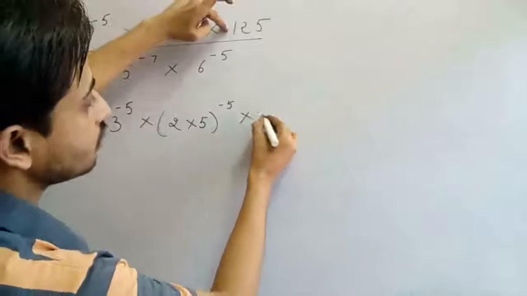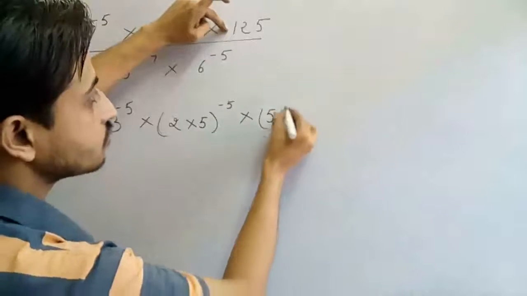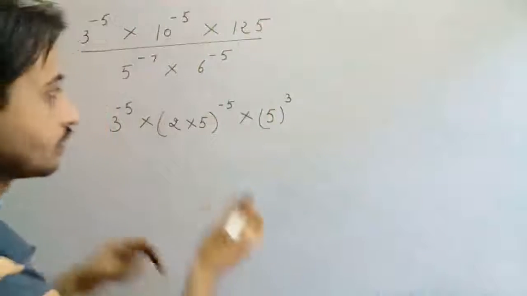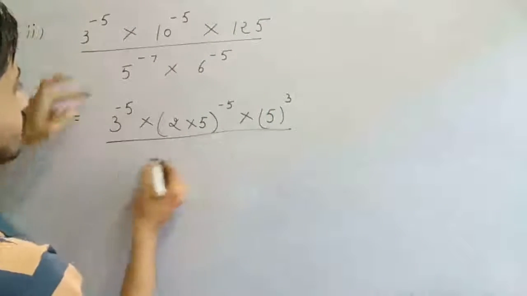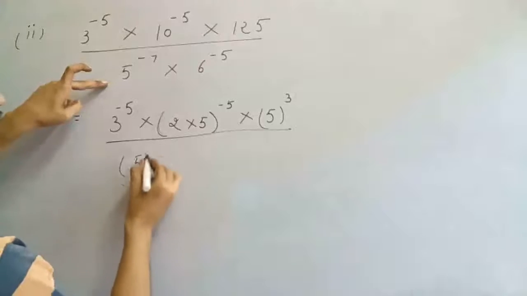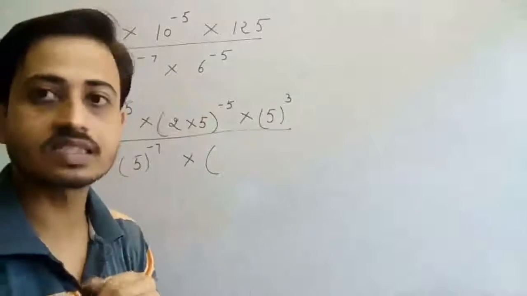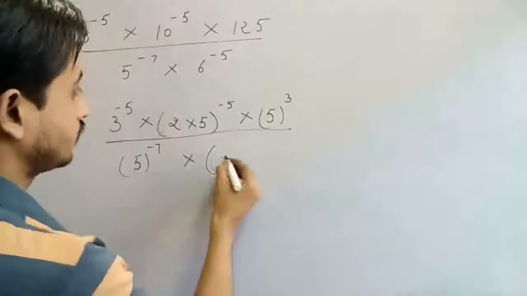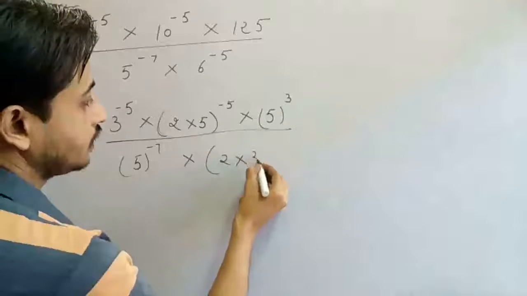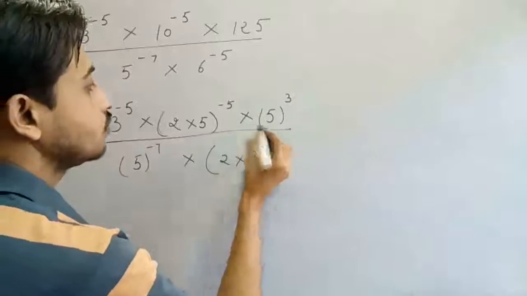Same here, 125 can be written as 5 raised to the power 3. Same here, 5 raised to the power negative 7 multiply 6. Again 6 can be written as 2 into 3, so 2 into 3 raised to the power negative 1.